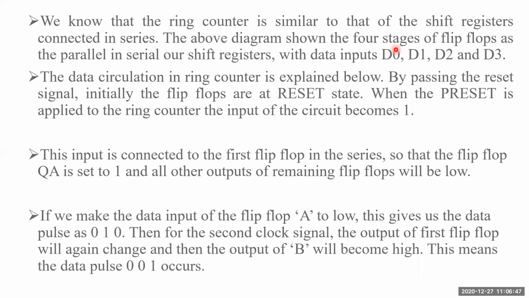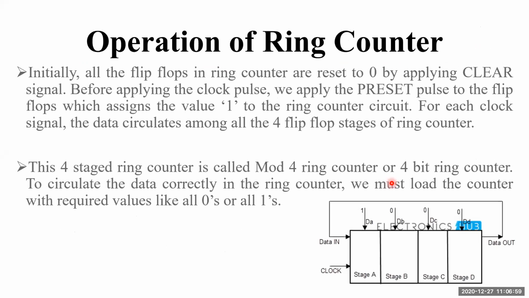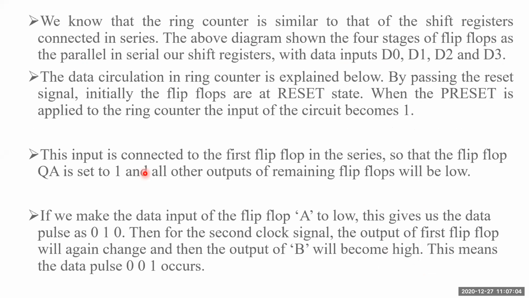The four stages of flip-flops are connected as a serial shift register, with data inputs D0, D1, D2, and D3. These are your data inputs which are connected over here. Now the data circulation in the ring counter is explained below.